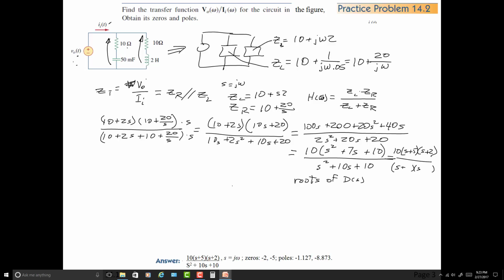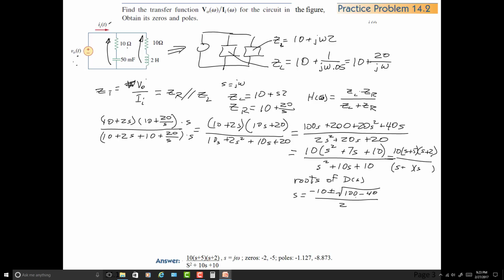So s will be equal to minus b, so that's minus 10, plus and minus the square root of b squared, so that's 100 minus 4 times a, 4 times 1 is 4, c is 10, minus 40, all over 2a, so 2 times 1 is 2.